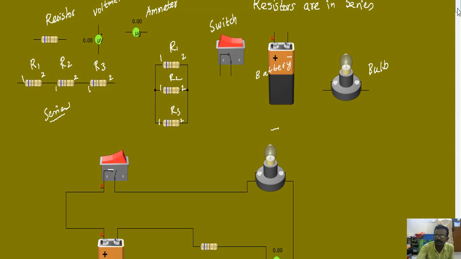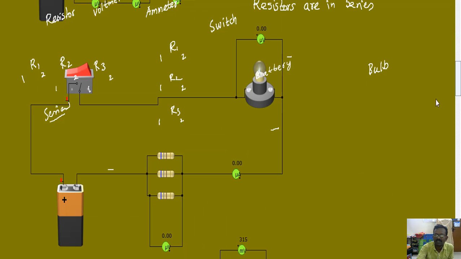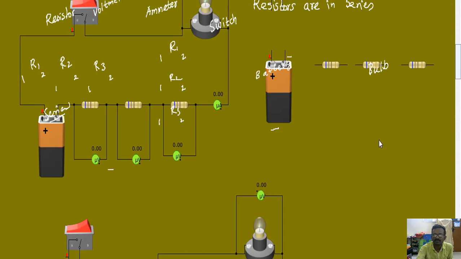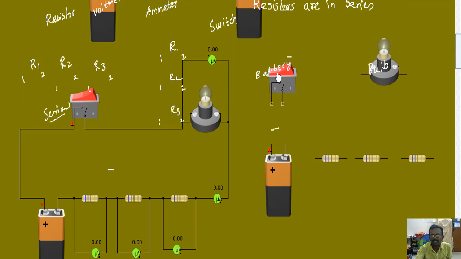Okay, look here. I have put 3 resistors here.